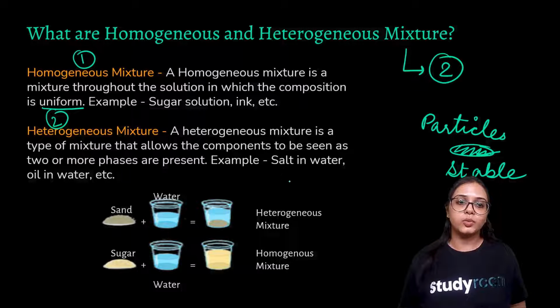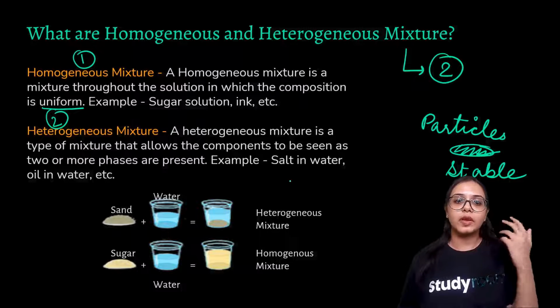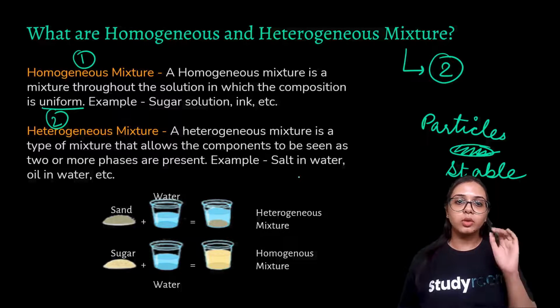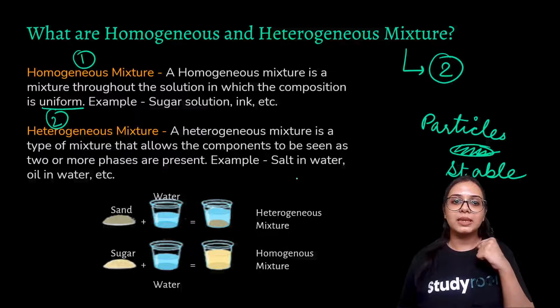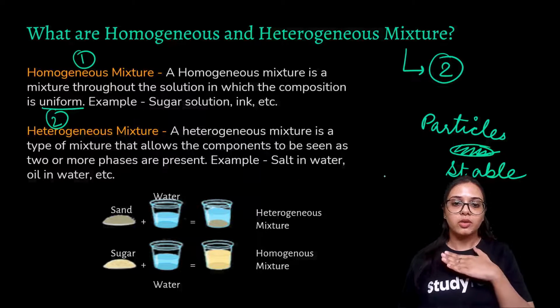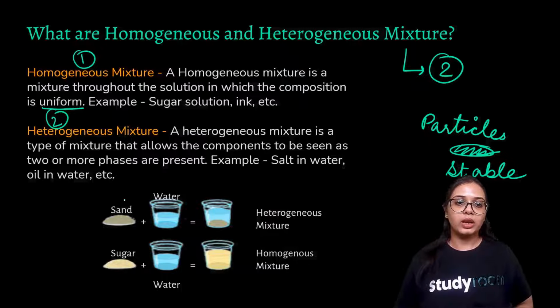Whereas a heterogeneous mixture is a type of mixture that allows the components to be seen as two or more phases are present. So the uniformity that you were seeing in a homogeneous mixture, you will not be seeing in a heterogeneous mixture. For example, if you take sand and water, you know that sand and water cannot be mixed together. You can see two distinct layers of water and sand.